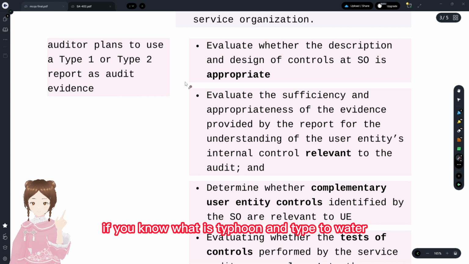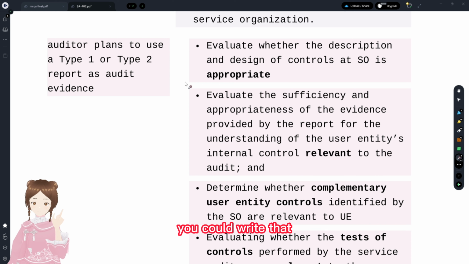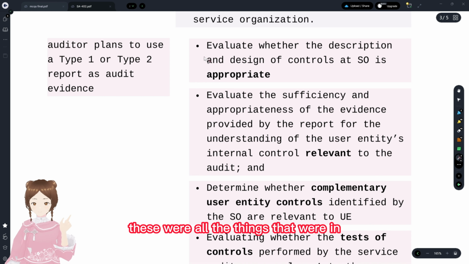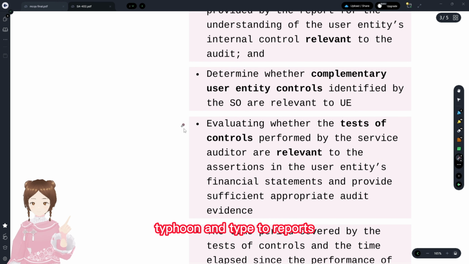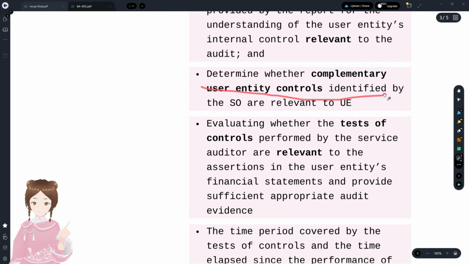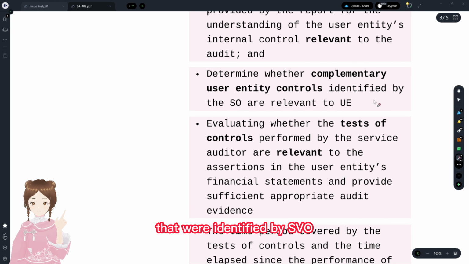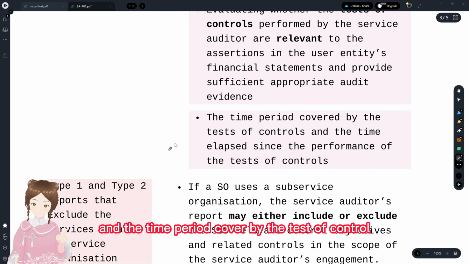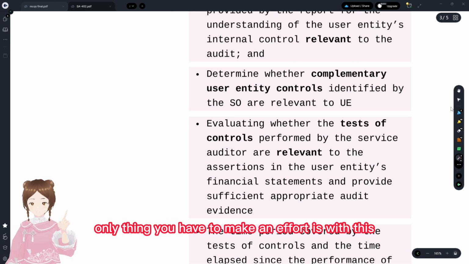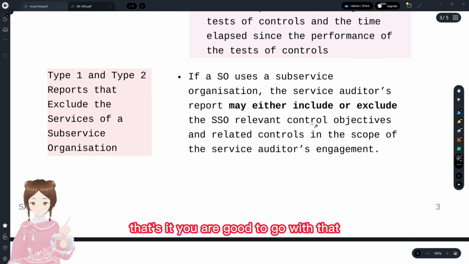If you know what type 1 and type 2 are and what they consist of, you could write that the auditor has to evaluate this, that, and so on. These are all the things in type 1 and type 2 reports, and this is specific to the type 2 report. And this is something you have to remember: the complementary user entity controls identified by the SO, and the time period covered by the tests of control and the time elapsed. The only thing you have to make an effort on is this and the time period. That's it. You are good to go with that.